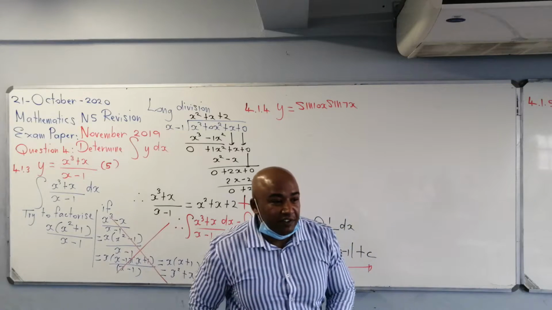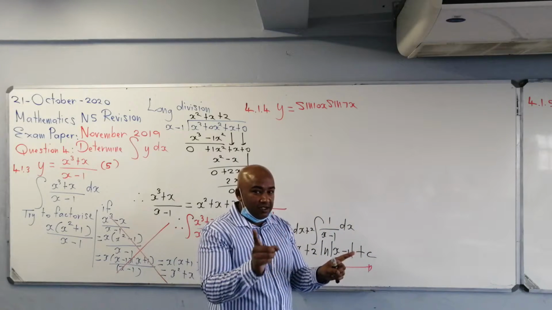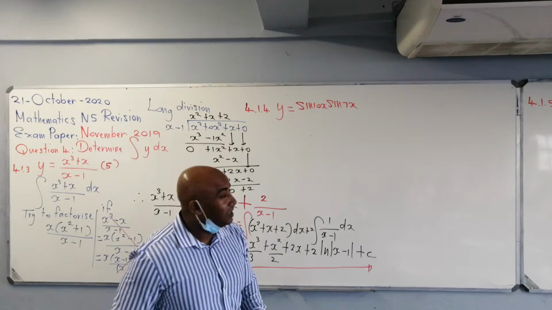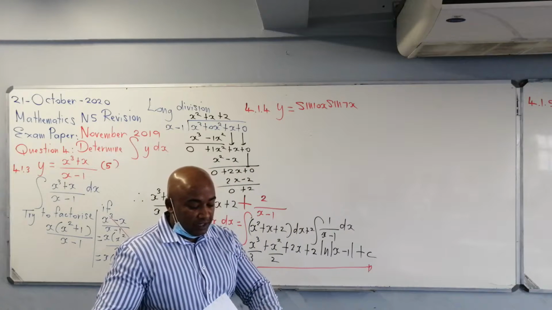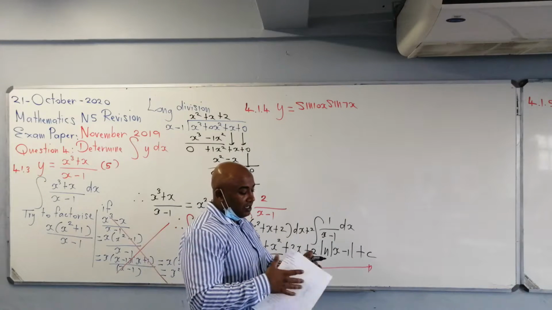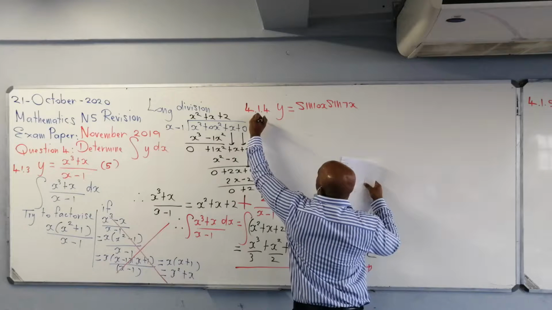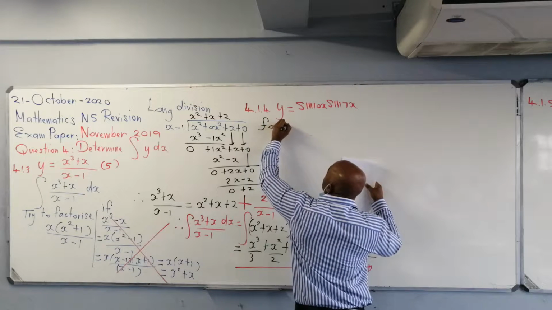For angles that are different, when you are multiplying sine times sine, or sine times cos, or cos times cos, you go to your formula sheet for this one. Alright, so you go to your formula sheet on page 1, trigonometry. And then this is the one that you are looking for.